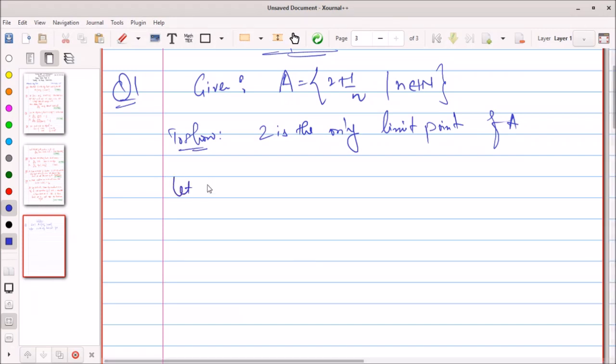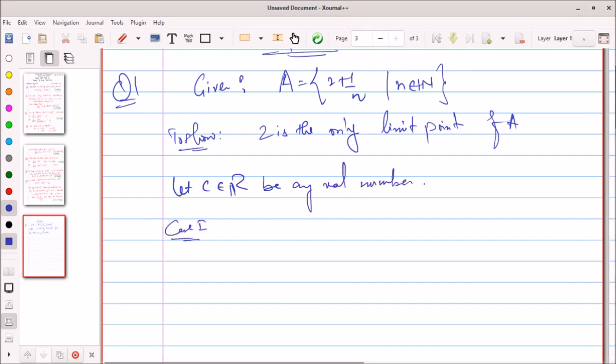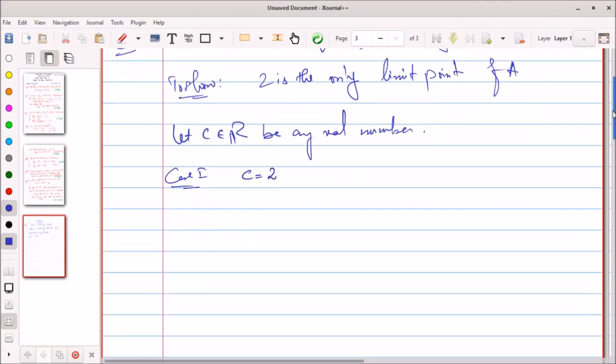So let c belonging to R be any real number. Case 1, c is equal to 2. In this case we will show that c is a limit point of A. Let epsilon greater than 0 be any real number.